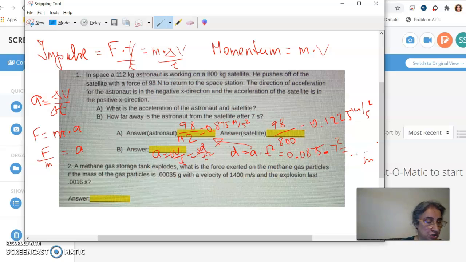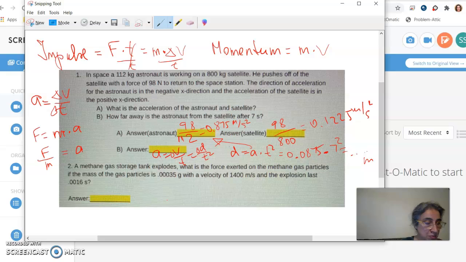The second question is referring to the same formula. It's a problem where we have a mass of gas particles with a certain mass in grams. The velocity will come as 1400 meters per second.